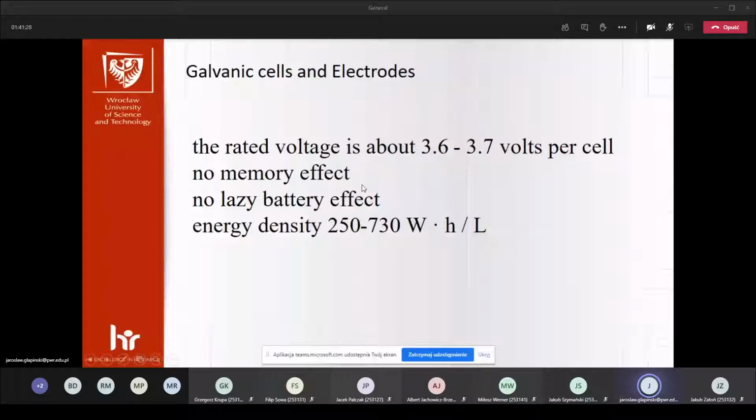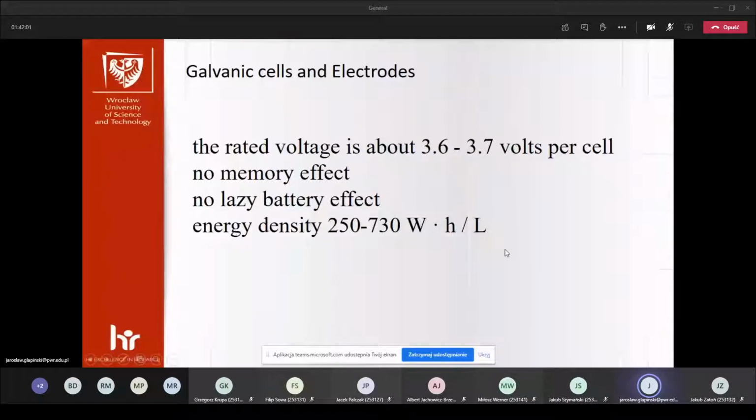We have no lazy battery effect. So that was the problem of the current when we discharge the batteries, and we have two or three times more energy density than the earlier examples. Okay, so we have much more energy in a liter of volume of the battery.